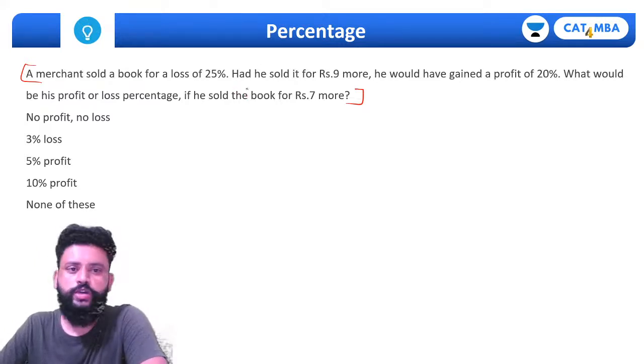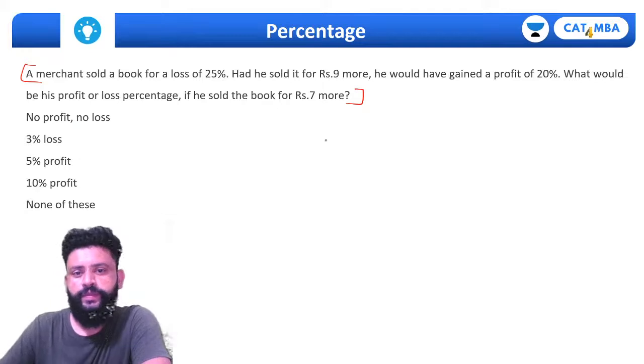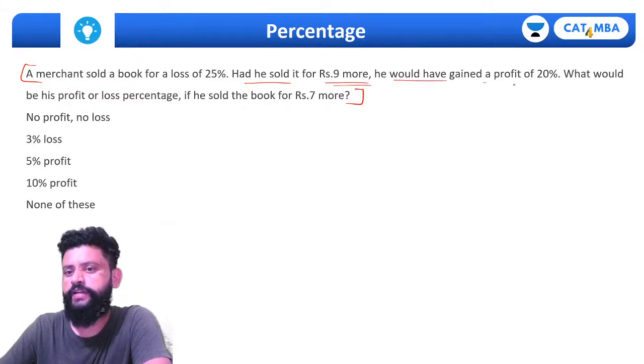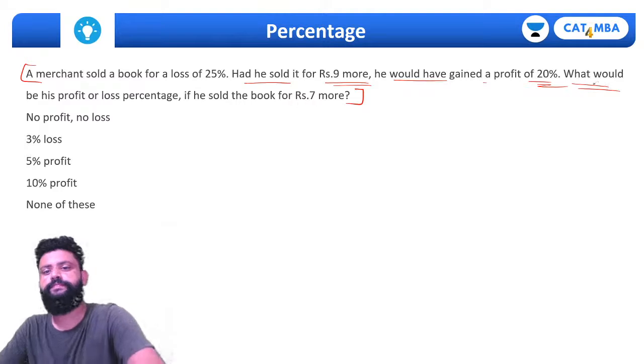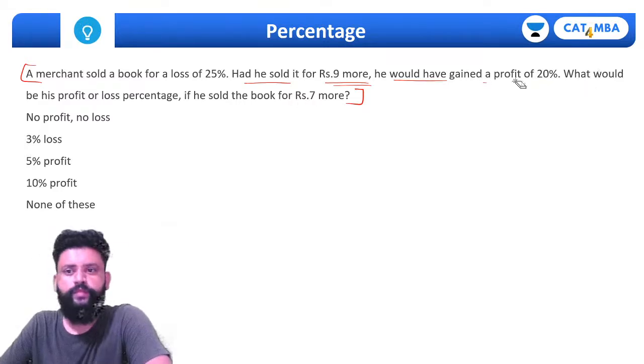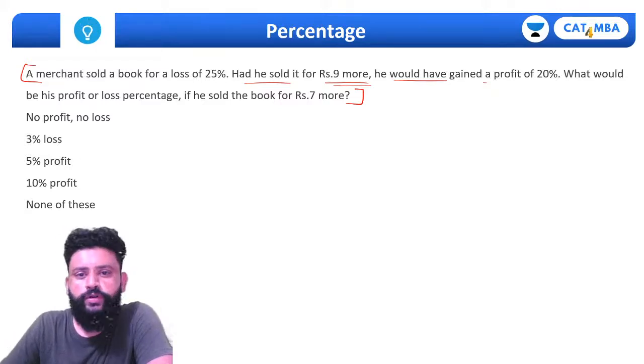A merchant sold a book for a loss of 25%. Had he sold it for rupees 9 more, he would have gained a profit of 20%. What would be his profit or loss percentage if he sold the book for rupees 7 more?